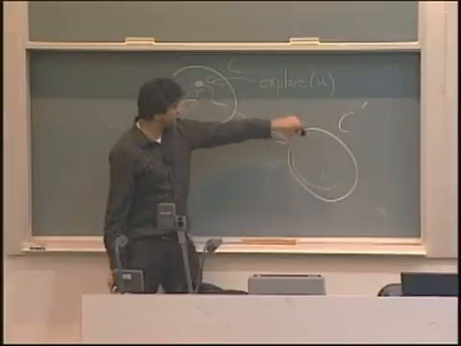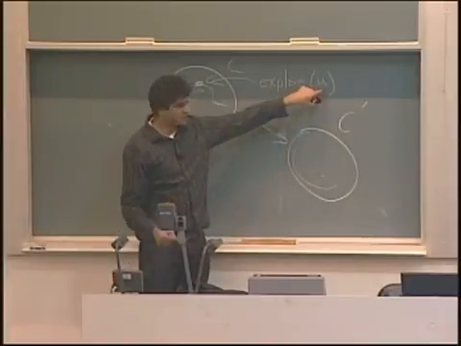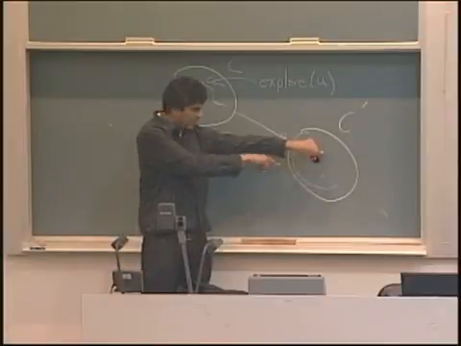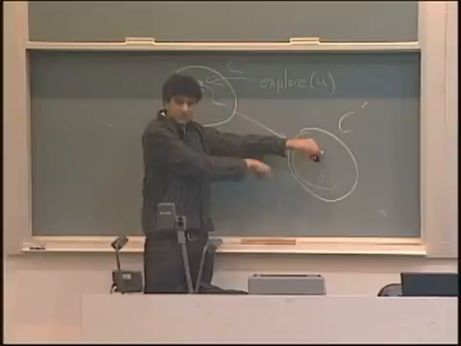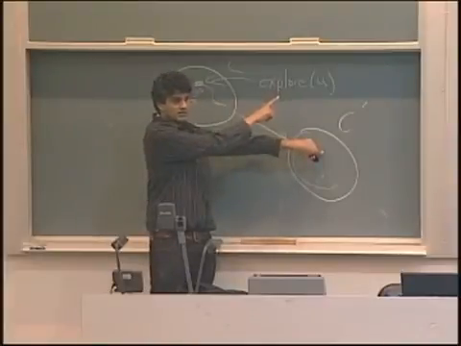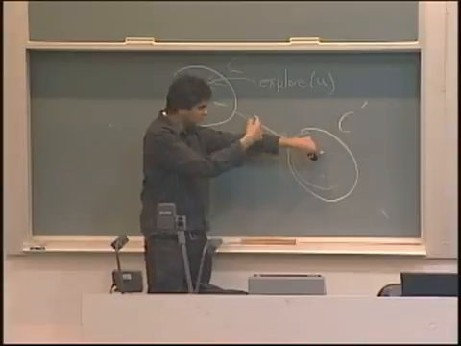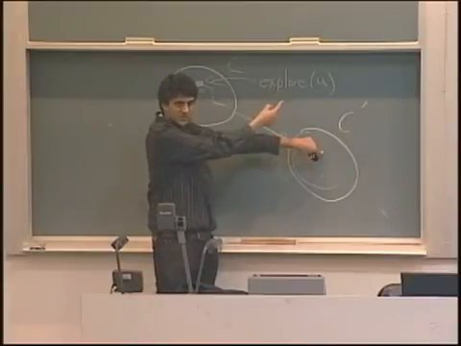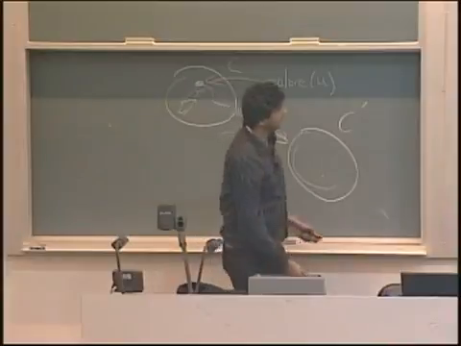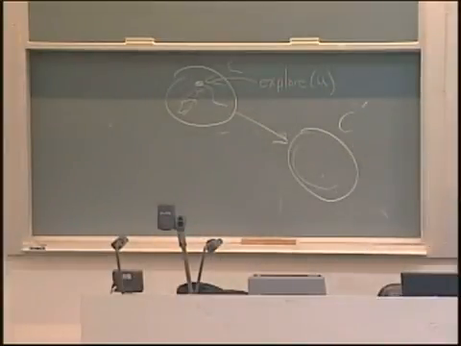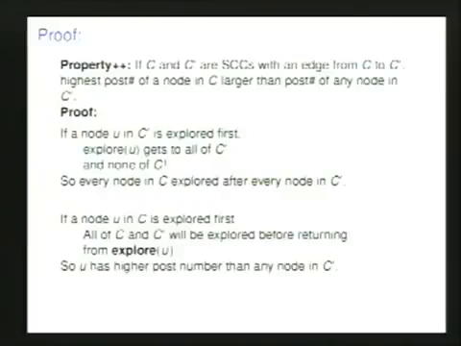So the post order number of U is higher than the post order number of all of these, because these are explored recursively by this call. They return before explore of U returns. So all of C and C prime will be explored before returning from explore U. So U has a higher post order number than any node in C prime, and in fact any node in C.